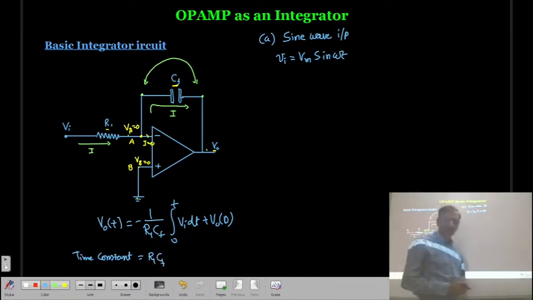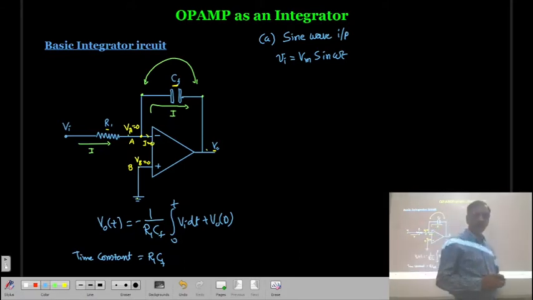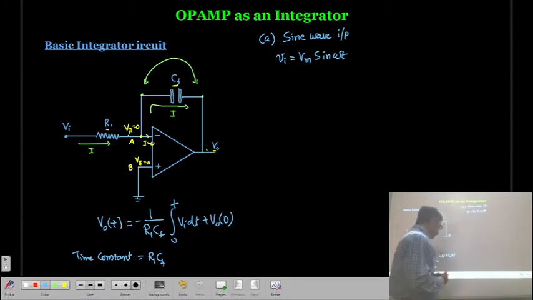Normally for the integrator circuit, this time constant is very large. Here if we consider, let us say R1 is 1 mega ohm and CF is 1 microfarad.